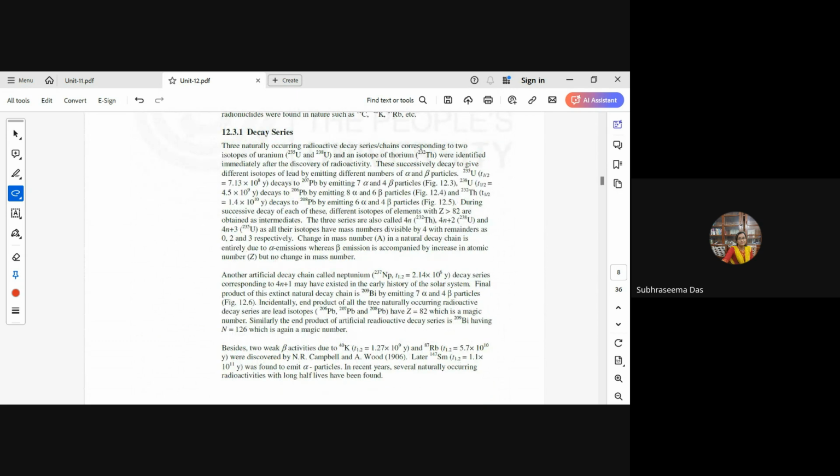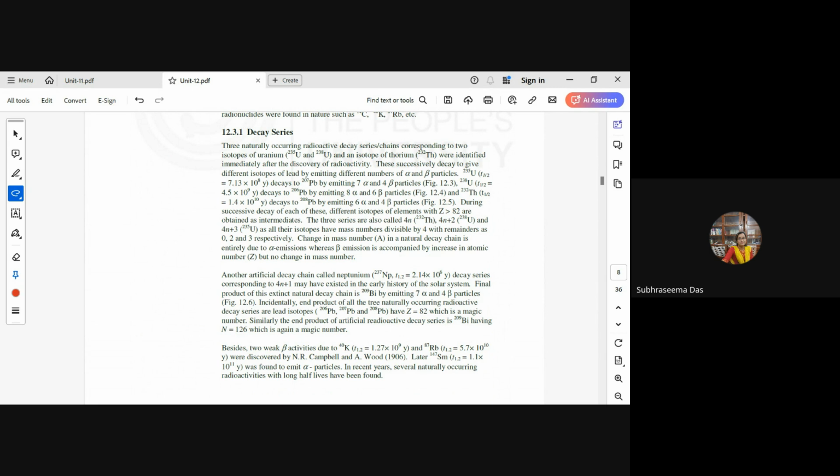Now coming to the decay series. There are three naturally occurring radioactive decay series, two corresponding to the isotopes of uranium, uranium-235 and uranium-238, which are two of the commonly occurring radioactive decay series. Thorium-232 has also been identified as a natural source.